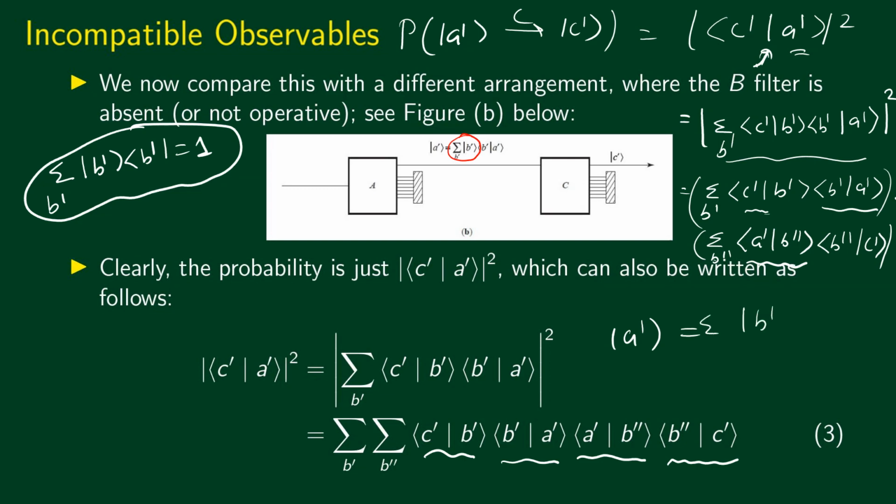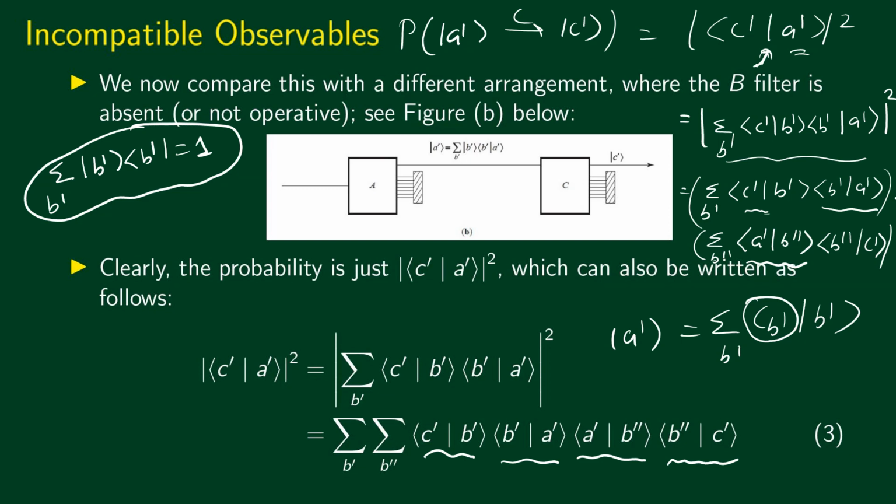Okay, so let's say sum over B prime, and then I may have some expansion coefficients. I will have some expansion coefficients for each of the eigenkets. All right. So this expansion coefficient that I denote as C B prime here are the same as these things. All right. Bra B prime, ket A prime. Right.